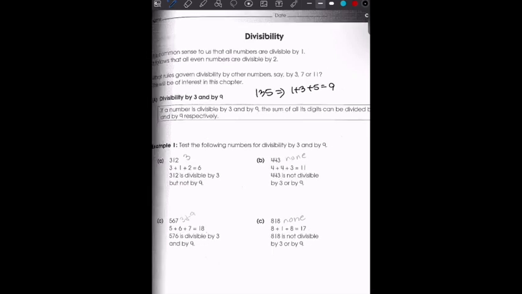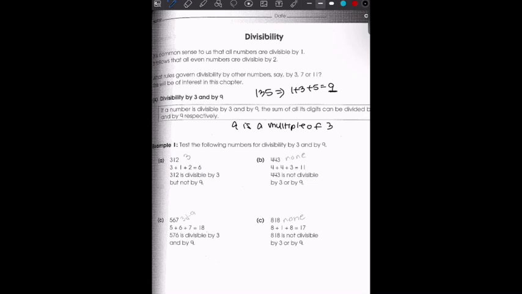So since 9 can be divided by 3 and 9, we know that 9 is divisible by 3 and 9. And so since 9 is a multiple of 3, if we have a number that is divisible by 9, then that means that the number is automatically divisible by 3.